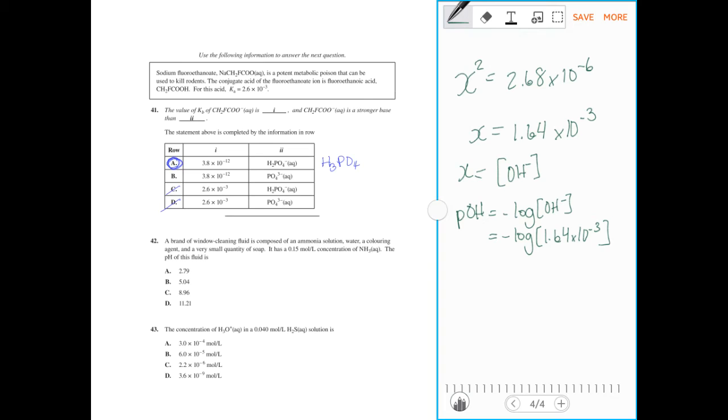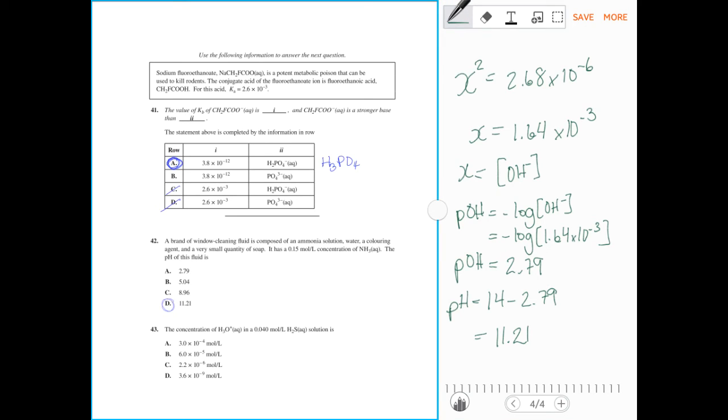When I do that, I get that my pOH is equal to 2.79, and my pH is equal to 14 minus 2.79, giving me approximately 11.21. So when I look at the answer for question number 42, I see that D is in fact the correct answer.